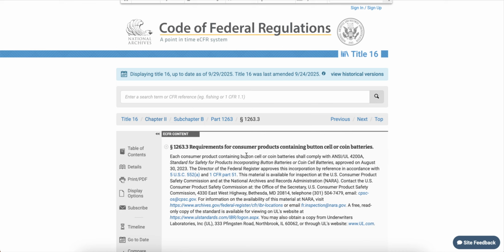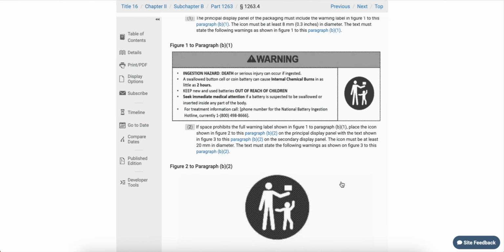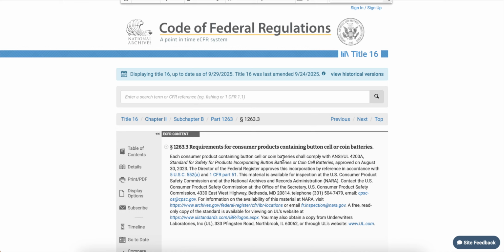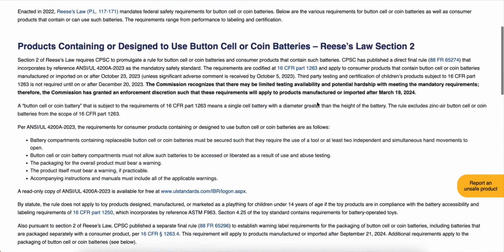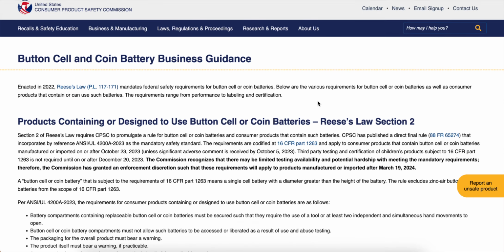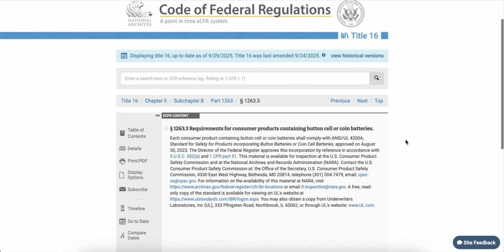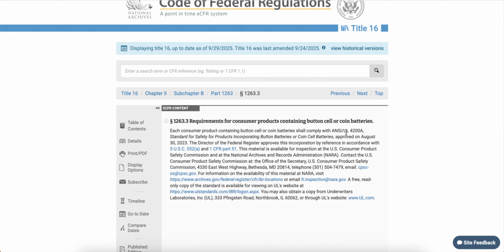Now, in this case, what Part 1263 does, in addition to warning labeling requirements, it also sets requirements concerning battery compartments and so on. And instead of presenting these requirements here on the CPSC guidance page or within the ECFR itself, it is referencing an existing standard.